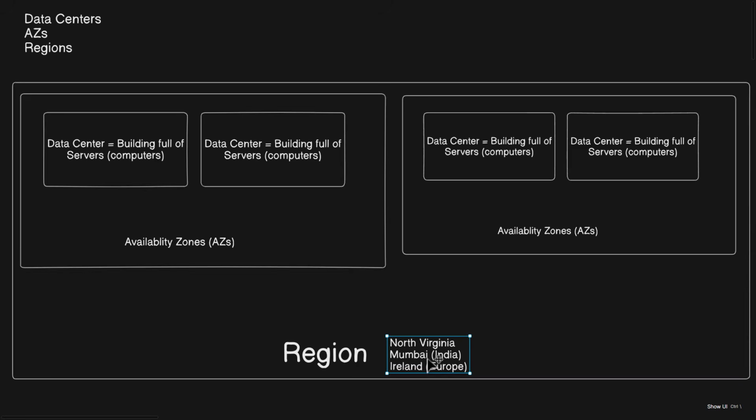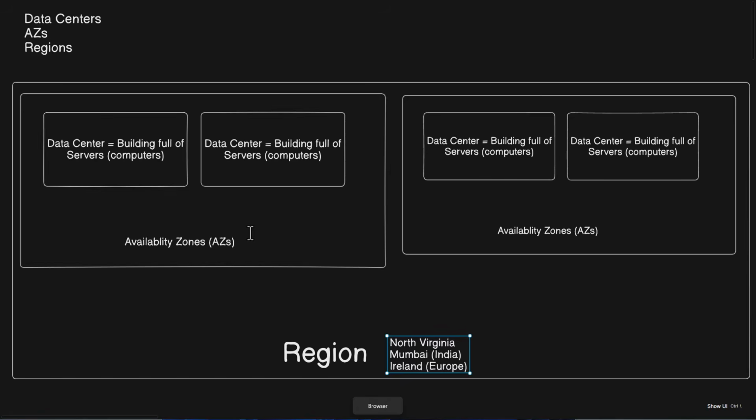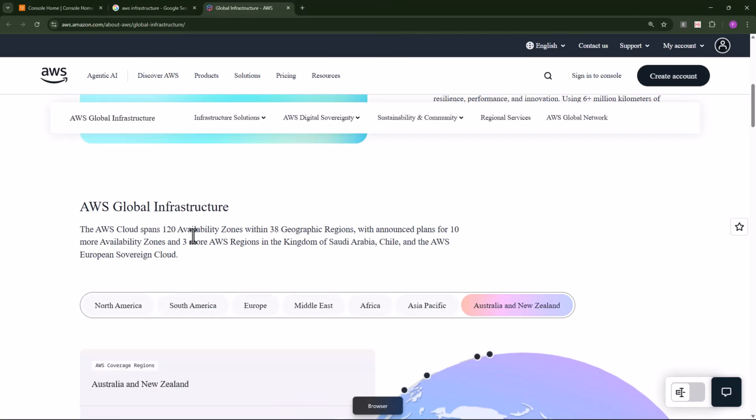When it comes to AWS, there are multiple regions that exist. There are tons of data centers, and lots of availability zones. So if you come over here now, all these terminologies will start to make sense, right? AWS cloud spans 120 availability zones. I hope you know what availability zones, AZs, are.